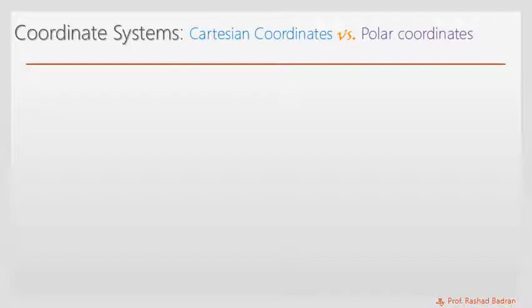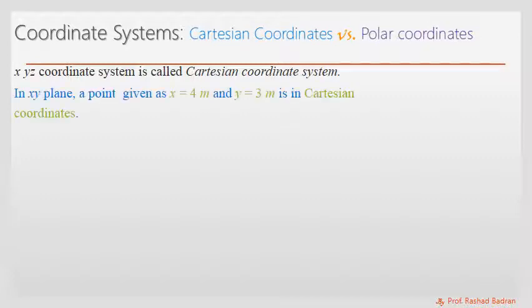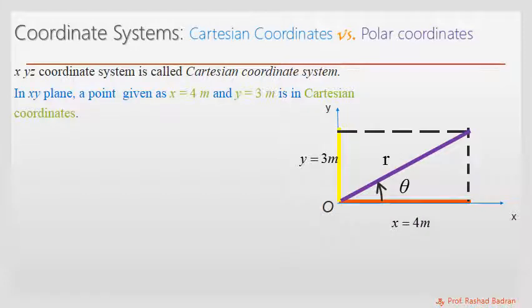In two dimensions, for example in the x, y plane, the location of a point represented by x equal 4 and y equal 3 meters, for instance, with respect to the origin, is represented in Cartesian coordinate.